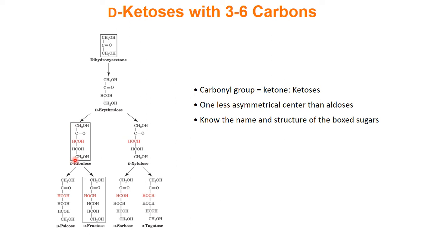So we have 5 carbons, but only 2 chiral centers, while in the aldoses, we would have had 3. Here, we only have 3 ketoses that are very important: dihydroxyacetone, ribulose, and fructose. So I would like you to know the name and structure of these sugars.